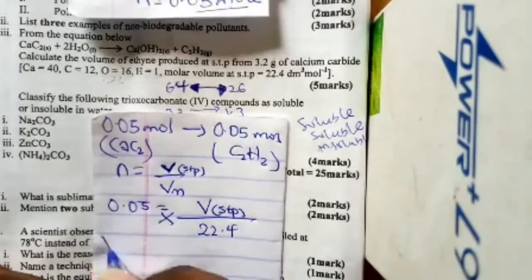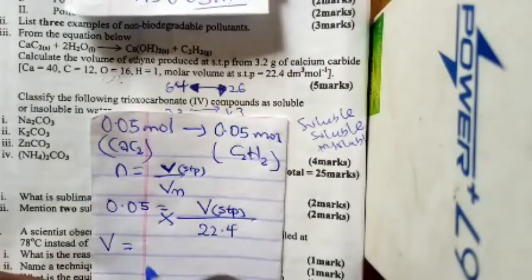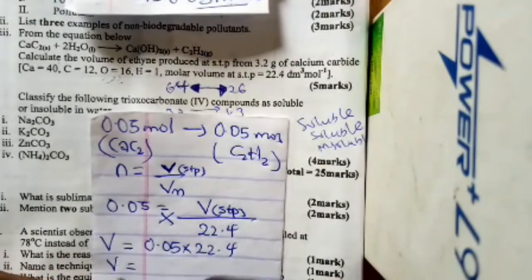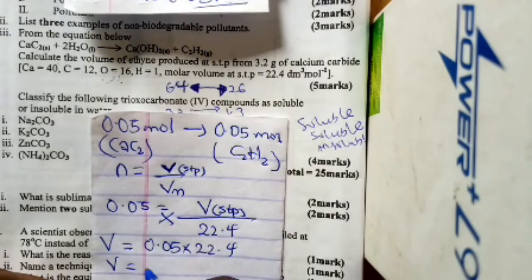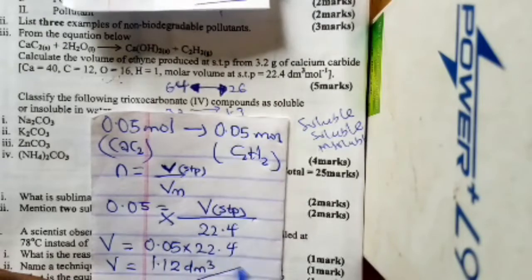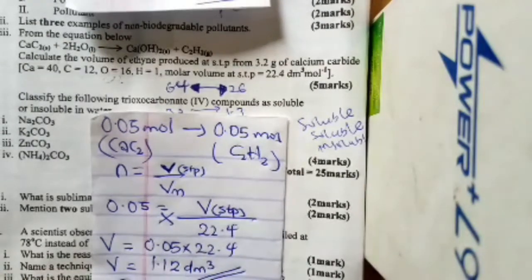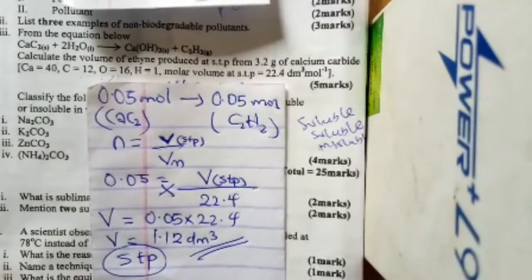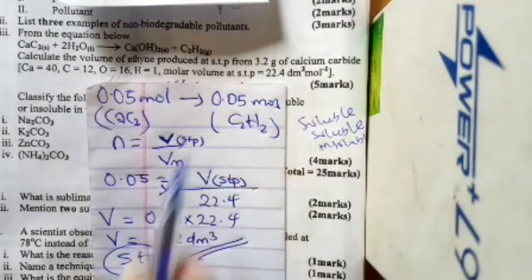So on cross multiplying now, the volume of ethane produced will be 0.05 times 22.4. So it's going to give us 1.12 dm cube. So this is the volume of ethane gas which will be produced at STP from 3.2 gram of calcium carbide.